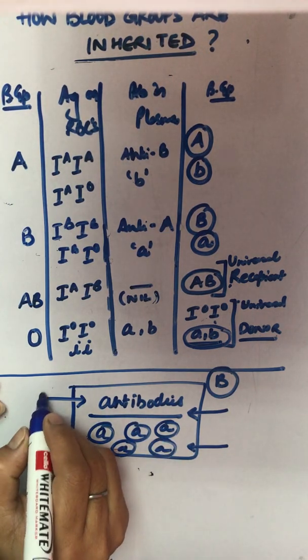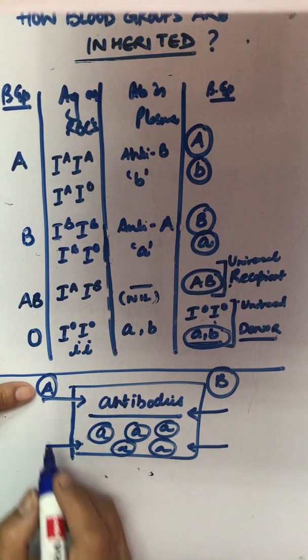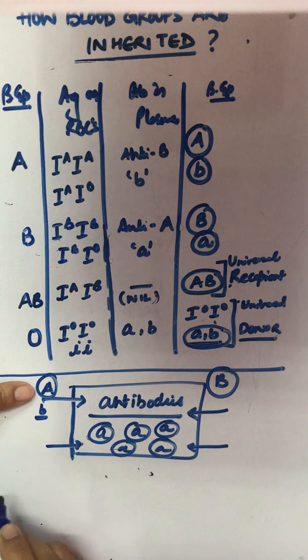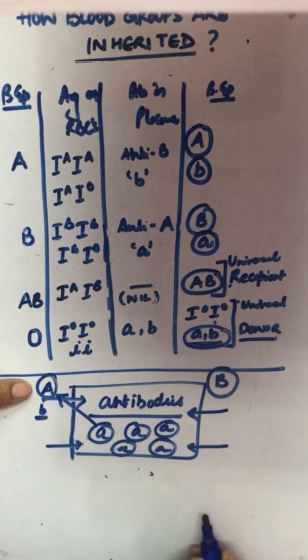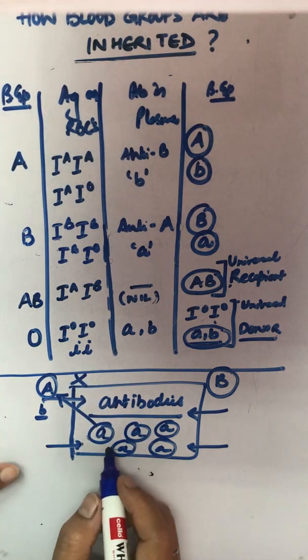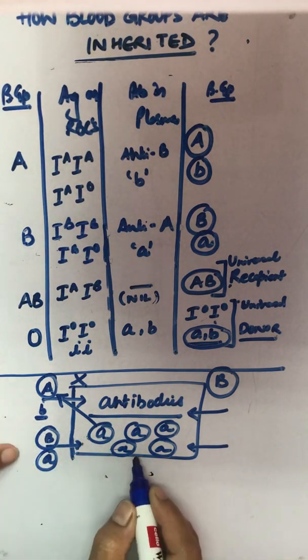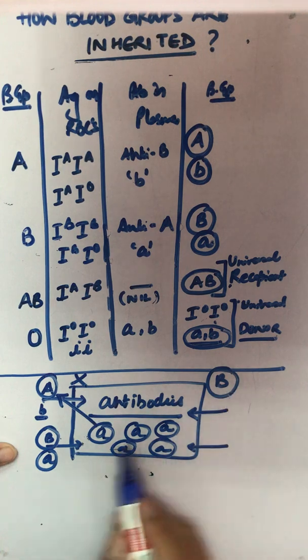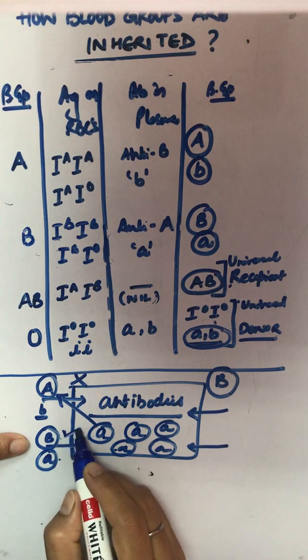I'm taking all the four options. If a blood group A comes with an antibody B, this antibody will attack this antigen on the RBCs and it will prove fatal. So this will not be welcomed easily. If I introduce B blood group, this is the same, having the antigen and antibody exactly the same as the house has. So it will be welcomed.